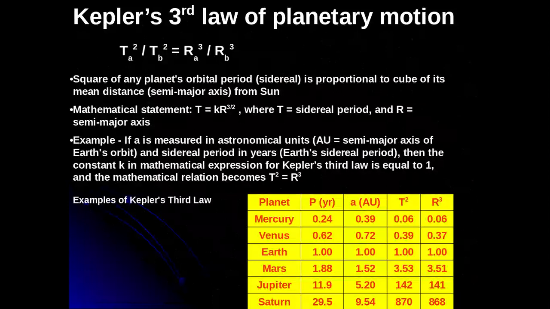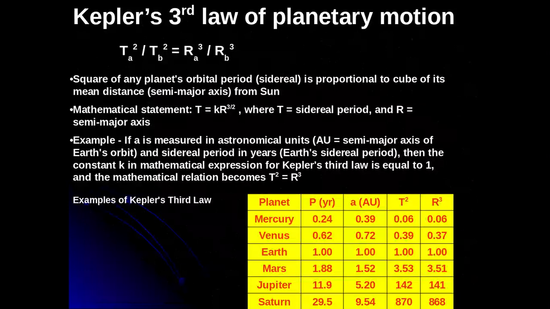The mathematical statement is T = KR^(3/2), where T is the sidereal period and R is the semi-major axis. So, for example, if R is measured in astronomical units, we know what that is, the semi-major axis of the Earth's orbit, and the sidereal period in years is how long it takes to get around the sun, then the constant K in the mathematical expression for Kepler's third law is equal to 1. And then the mathematical relation becomes T squared is R cubed.